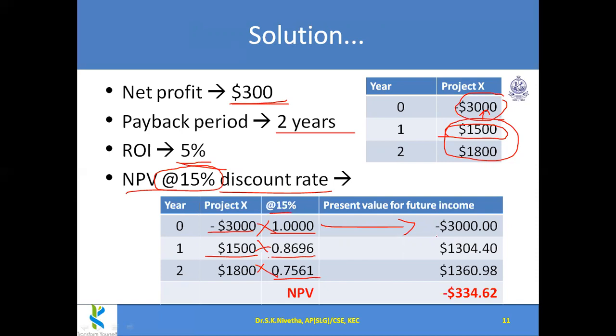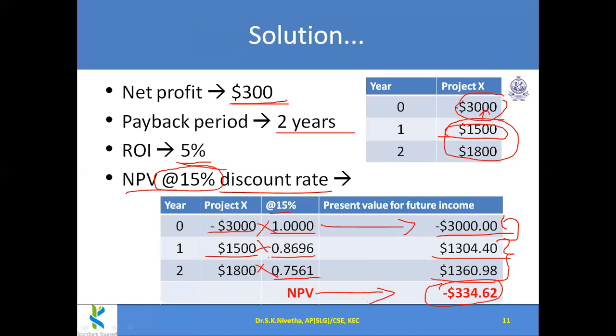So this will come like this. If I take the present value of future income subtracted from this expenditure and add all these up, I'll be getting minus $334. So the NPV value is coming in negative.